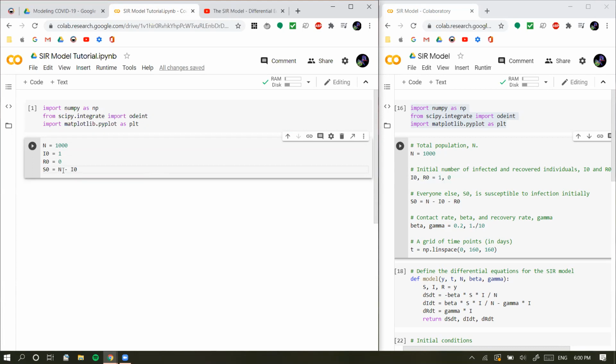So it's going to be the total population minus I0, and then also minus R0. So S0, the initial number of susceptible people, is going to be N, the total people, 1,000 people, minus the one person who's already infected, because they're not susceptible anymore. And then you have R0, which in this case is 0, but if they're recovered, then they're not in the susceptible pile.